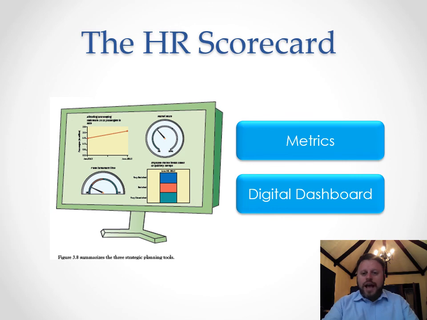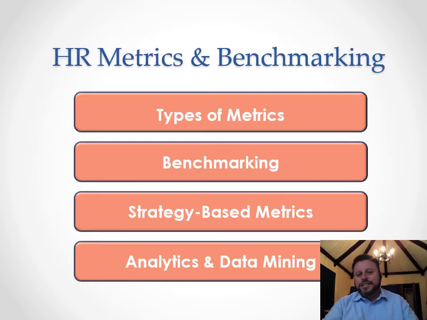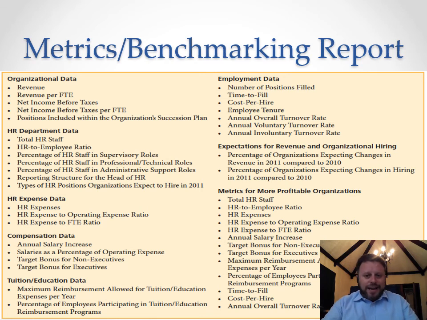The scorecard has metrics, which is all these numbers, and that's also the digital dashboard. Here are some examples. You don't need to know all these examples, but here are some examples of things we can measure. We could measure revenue. We could measure salary increases. We could measure reimbursement for tuition and education. We could measure the HR to employee ratio.